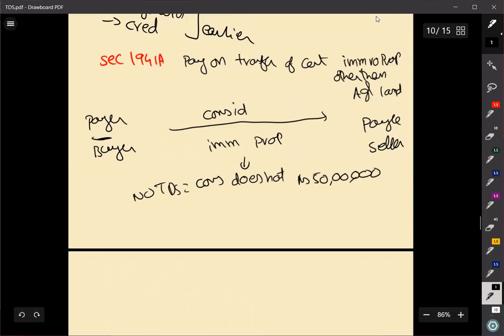But if the consideration exceeds rupees 50 lakhs, then TDS is deductible. What is the rate of TDS there? The rate of TDS is going to be 1%.